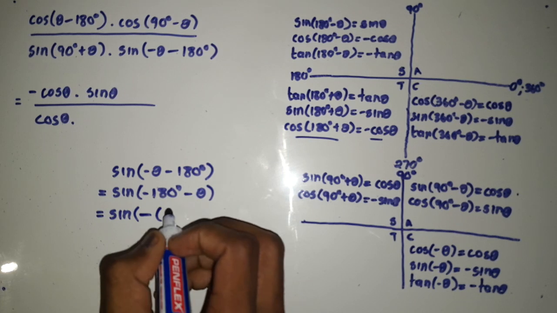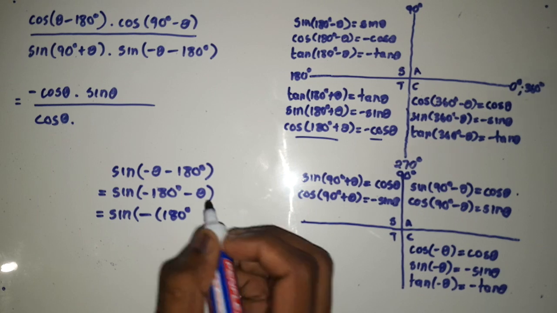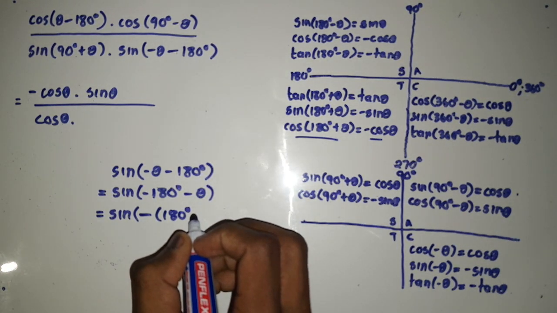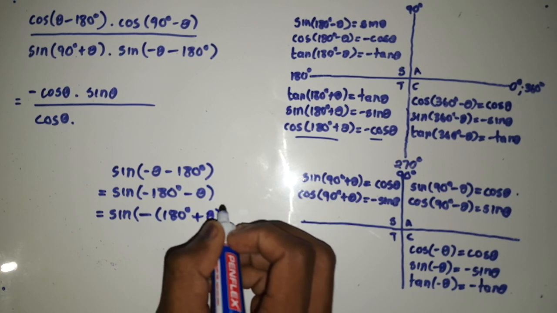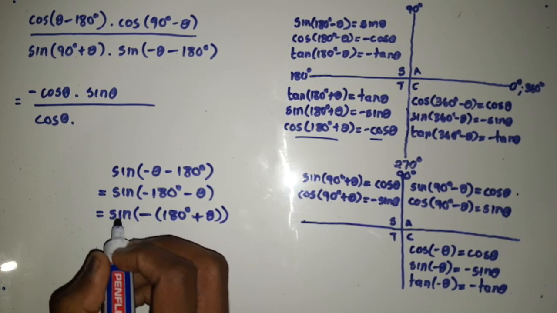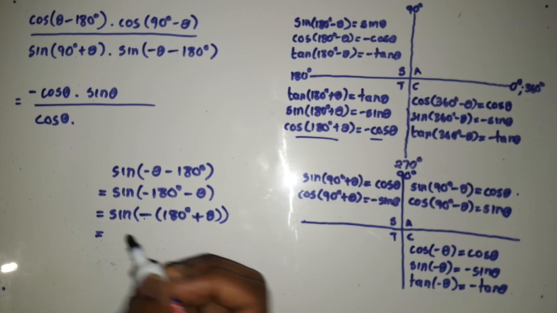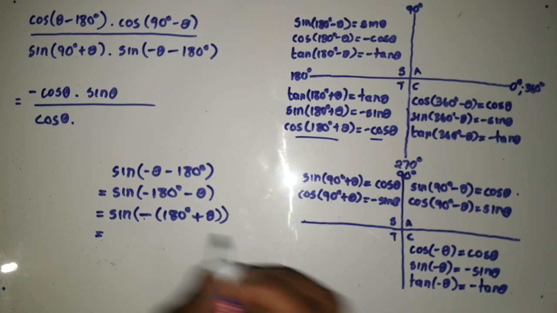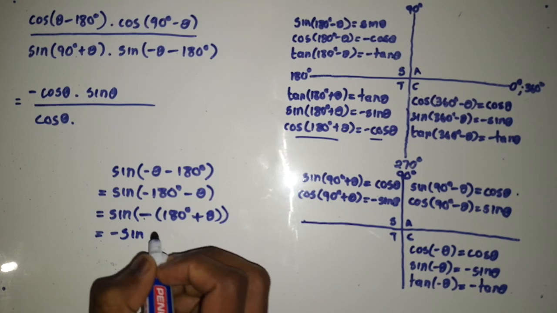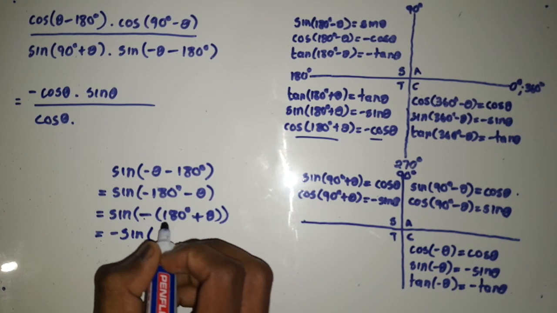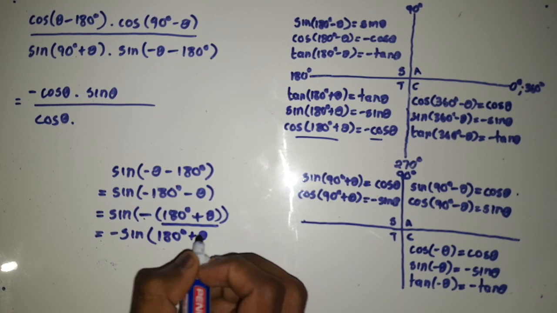For us to get negative 180, we must write a positive 180. For us to get a negative theta, we must write positive theta. Then sine of a negative angle, we get negative sine of this reduction formula of 180 degrees plus theta.